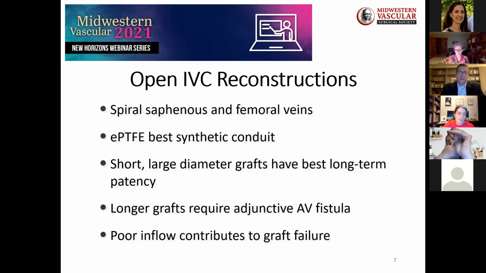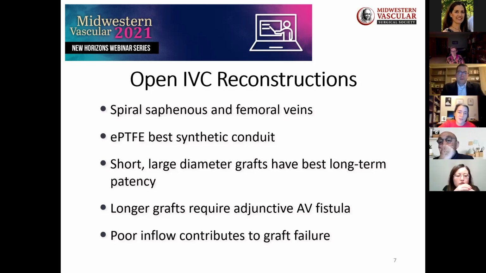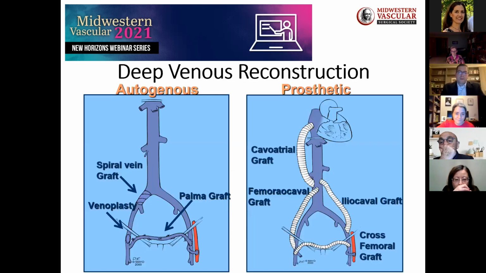Anastomotic stenosis is often avoided by beveling the graft, triangulating the suture line, and, when we're tying the suture at the end of our anastomosis, incorporating at least 2 millimeters of growth factor, otherwise known as air knotting.